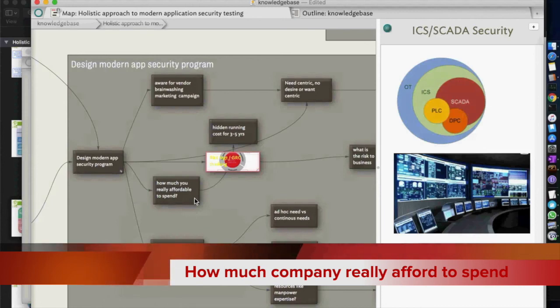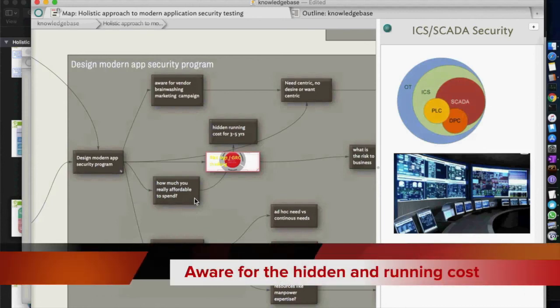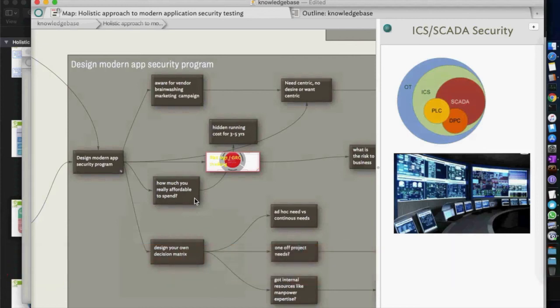Sometimes people won't see the hidden running cost. They just talk about the years. Take note that for most technology, even if you can still get a perpetual license, you buy it off, then you pay for maintenance, even if you don't pay maintenance it is still working.